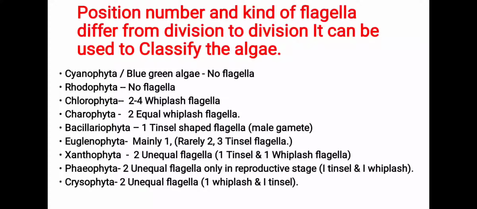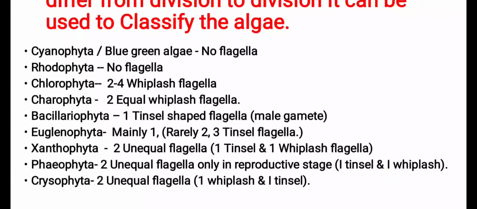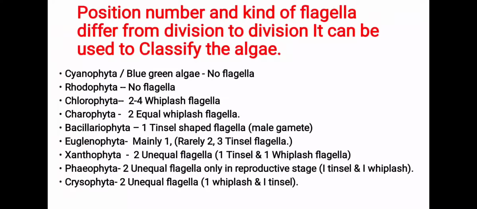You can see that in Cyanophyta and Rhodophyta, cells are non-motile, means there are no flagella in Cyanophyta and Rhodophyta. While in Chlorophyta, 2 to 4 flagella may be there, but these flagella are whiplash type, means they have smooth surface.